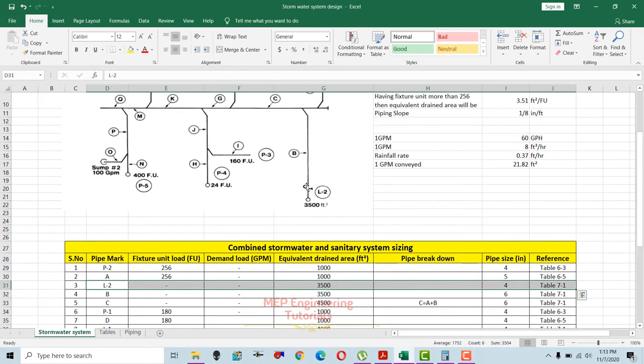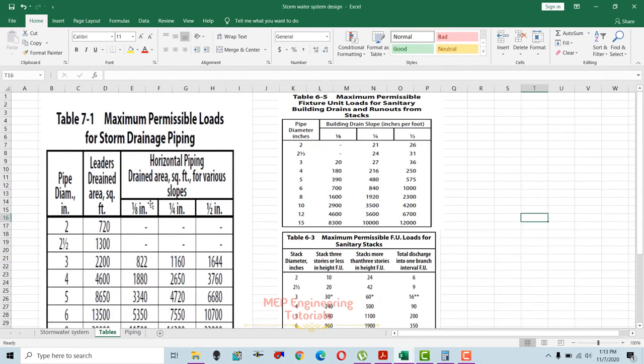After the trap, you see the horizontal pipe here. This is represented by B. The same 3500 equivalent drained area is at this point. So we have to get the size from the same table 7-1, but this time we have to use the 1/8 inch per foot slope column, because this is the horizontal piping drained area for the various slopes.